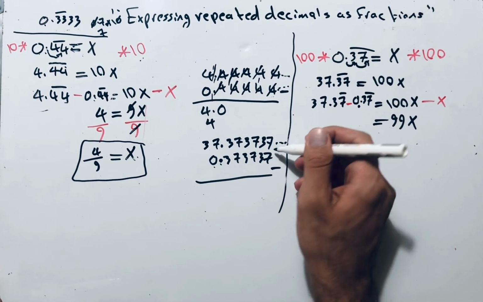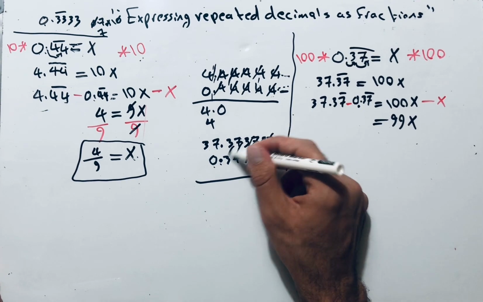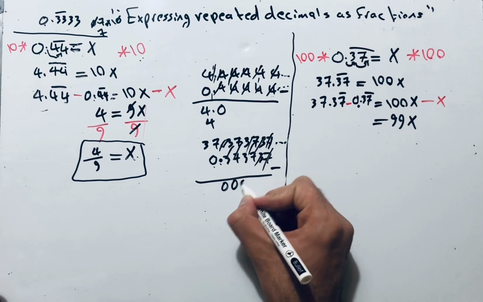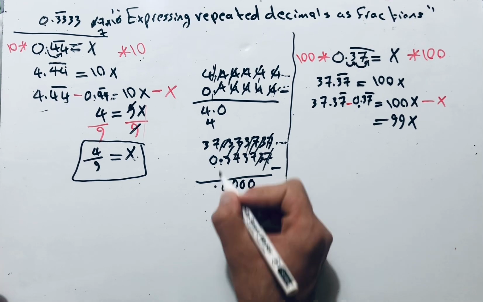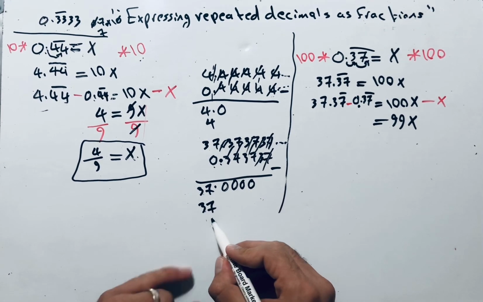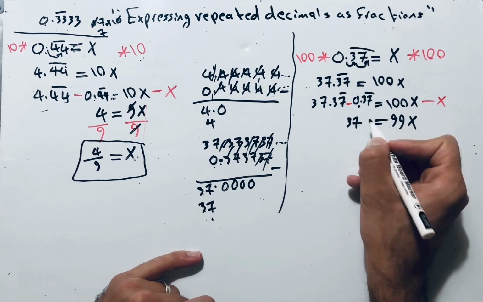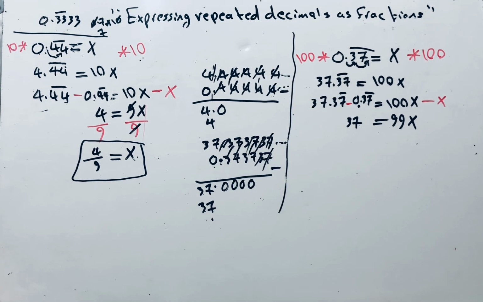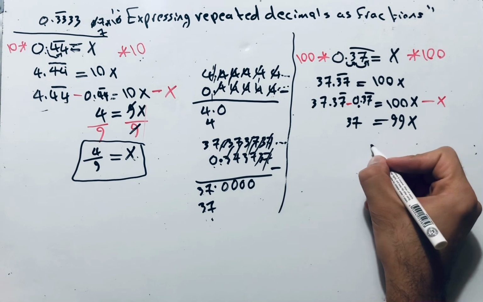If you subtract these, we're always going to get 0, because 3 minus 3 is 0, 7 minus 7 is 0, like that, 0, 0, 0. And then 37 minus 0 is just 37. If you do a lot of these, you will get used to it and you don't need to do the vertical subtraction, but it's fine.